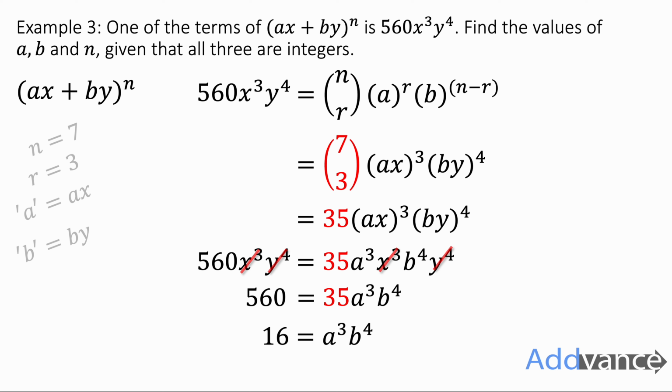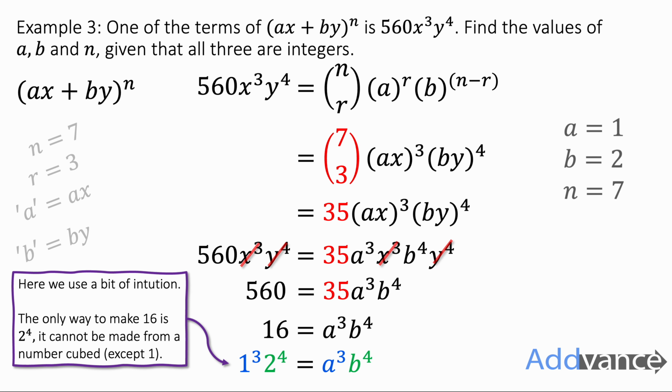So we need to find two integers a and b where a to the power 3 and b to the power 4 makes 16. And integers need to be whole numbers. And this is where we use a bit of intuition, where we realise that 16 is just 2 to the power 4. And so it makes sense that b to the power 4 is 2 to the power 4. And then we can multiply it by 1 cubed, or a cubed, and make a 1.